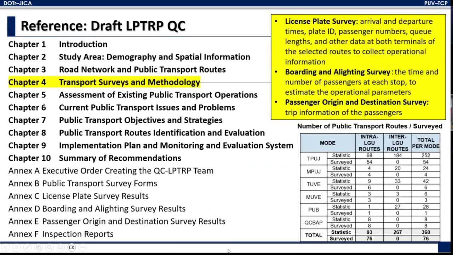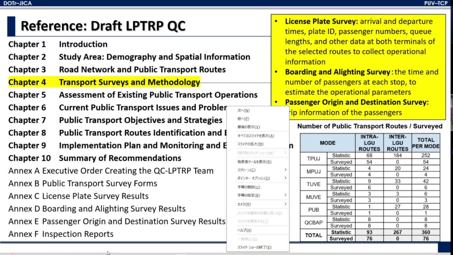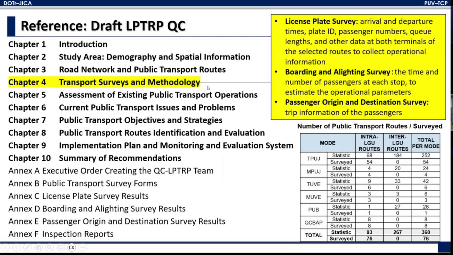Through these three surveys, the necessary information for the route planning is already prepared by themselves. In the reports, only the intra-LGU route is covered. However, in Quezon City, the inter-LGU routes are also covered.